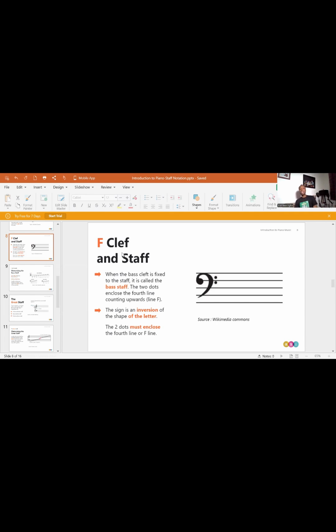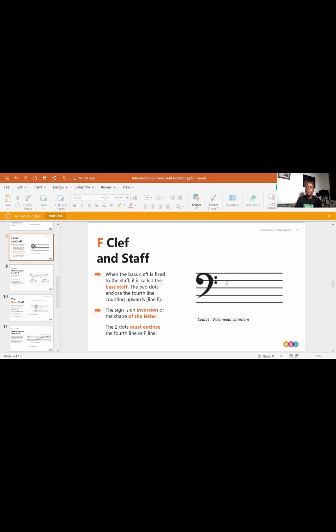Usually, the bass clef is fixed to the staff, ensuring that the middle curl starts from the note F, which happens to be the fourth line. And on that same fourth line, we have two dots enclosing it, counting upwards. Looking at our bass staff, we look at line 1, 2, 3, 4, and 5.